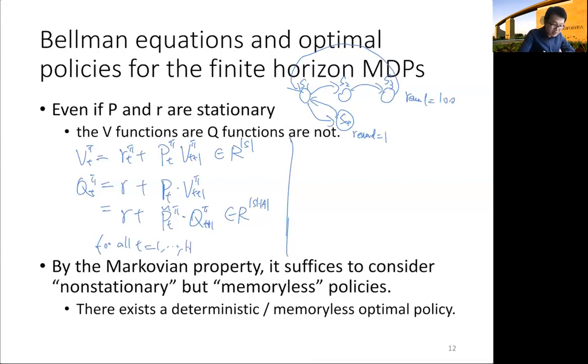Let's say the time horizon h is equal to 100. Since S3 is the most valuable state, the optimal actions will be to go to S2, and then take this action to go to S3. Then you visit S3, collect the reward, and go back. So every 2 steps, you can get a reward of 100.